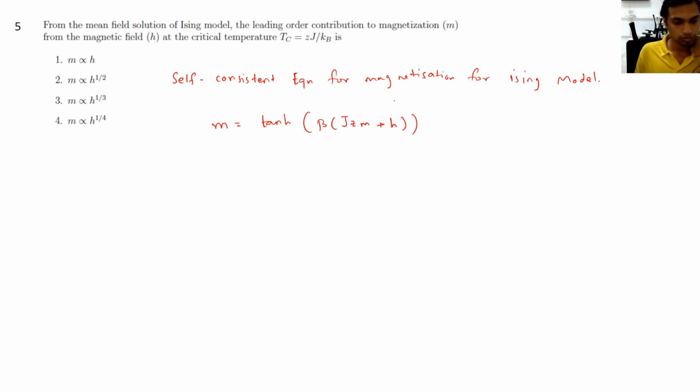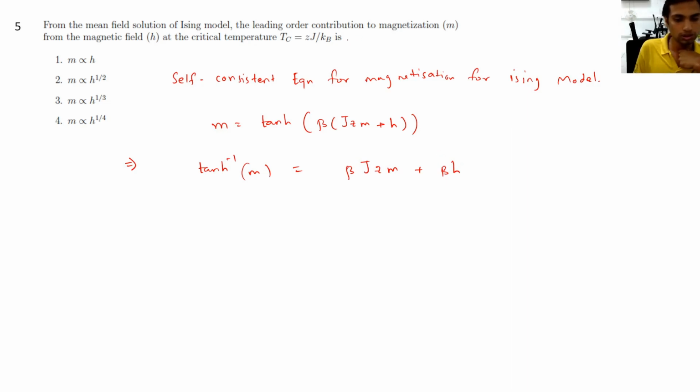Now what we want to do, we have to invert this. Tanh inverse m is equal to beta J z m plus beta h.